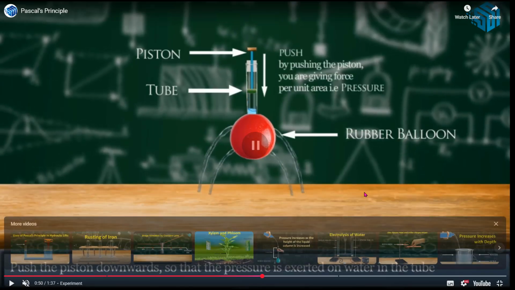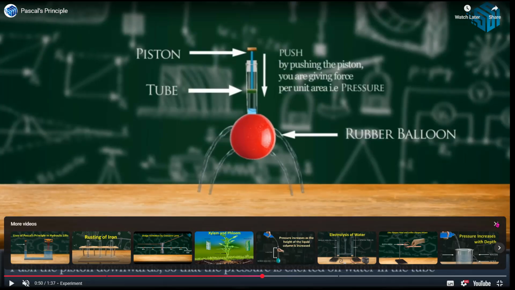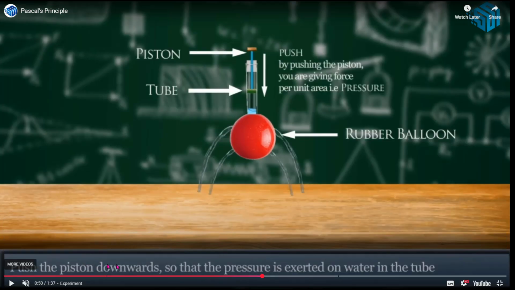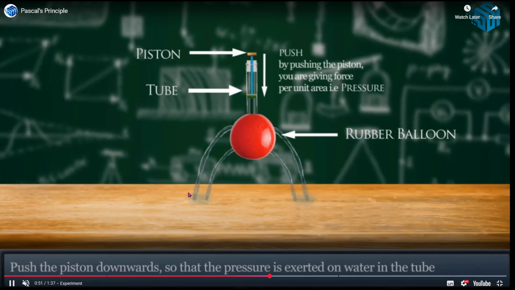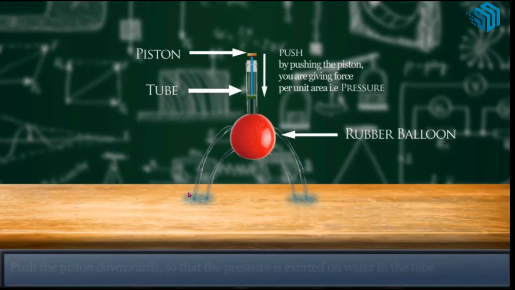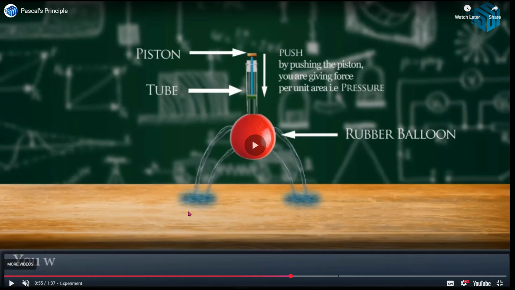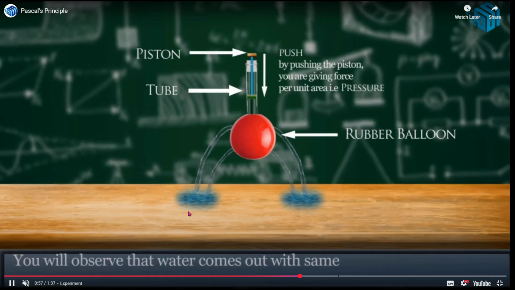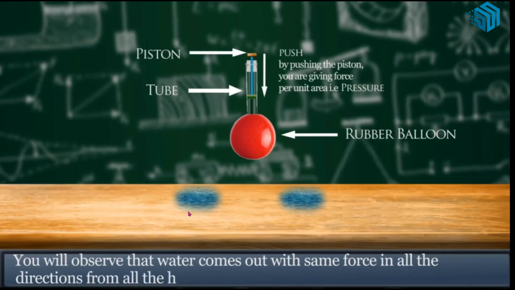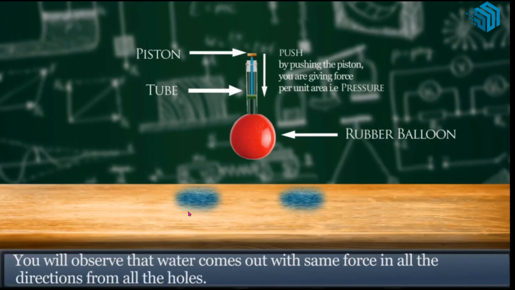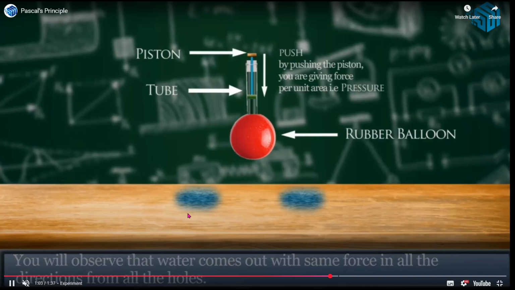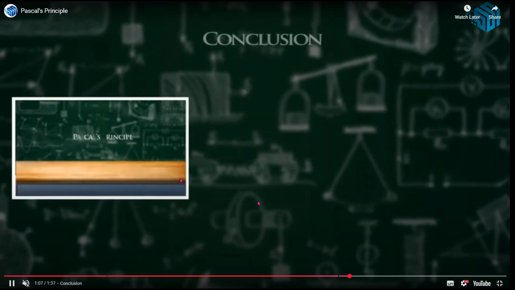So what is written? Push the piston downwards so that the pressure is exerted on the water in the tube. See how they are coming out. So you are giving force per unit area, and that is the pressure. You will observe that water comes out with the same force in all the directions from all the holes, right? So this is Pascal's law.